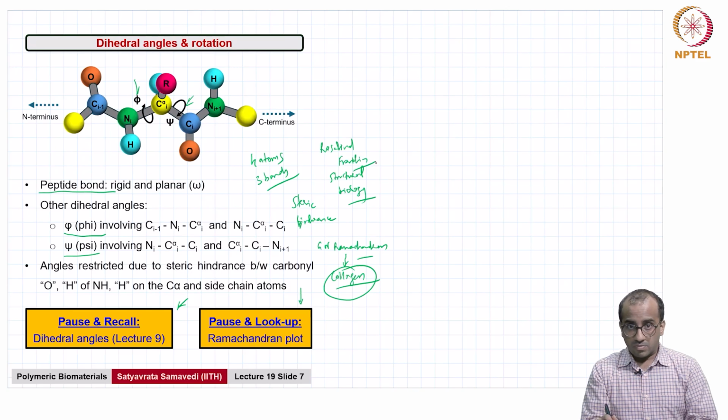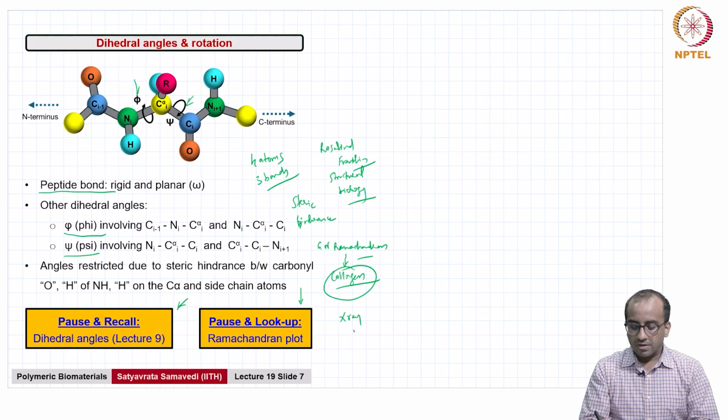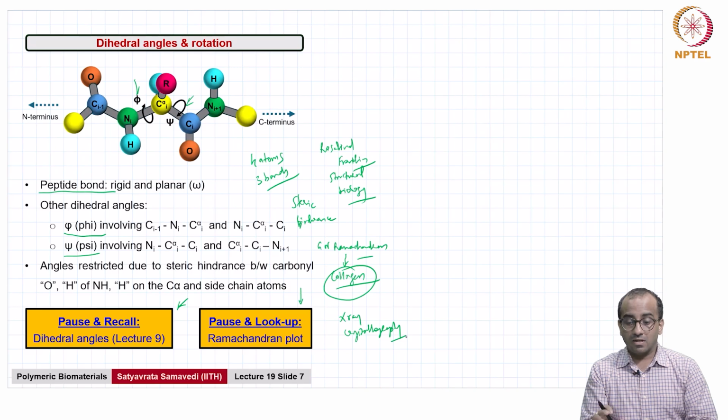And G.N. Ramachandran also did not get the Nobel Prize, although many scientists in that period and later have argued that they were probably strong contenders for the Nobel Prize as well. A lot of this was possible because of X-ray crystallography. And that period is a very interesting period in the history of scientific developments, because there is a lot of intense competition over who would crack the structures first.